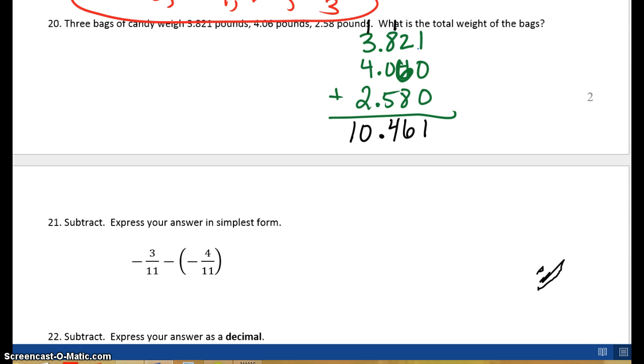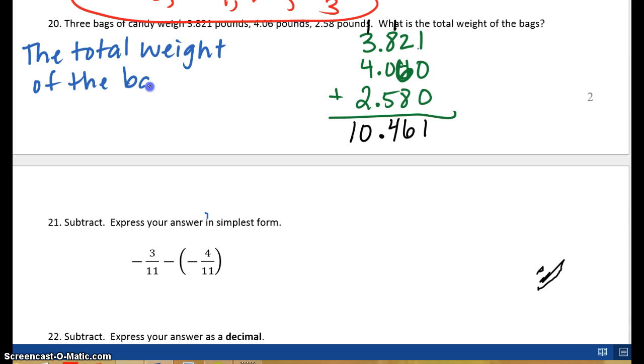Now, since this is a word problem, we make sure that our answer is in complete sentences. So our final answer should say, the total weight of bags is 10.461 pounds.